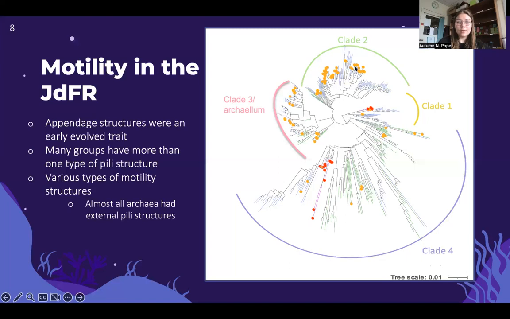Then, because these Juan de Fuca Ridge orange dot sequences are in each of the four clades, it shows that many of these groups have more than one type of pili or motility structure. And it shows that these archaeal species have external pili structures that they're using for motility or biofilm production.